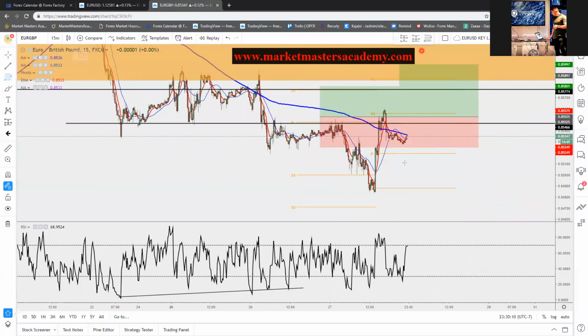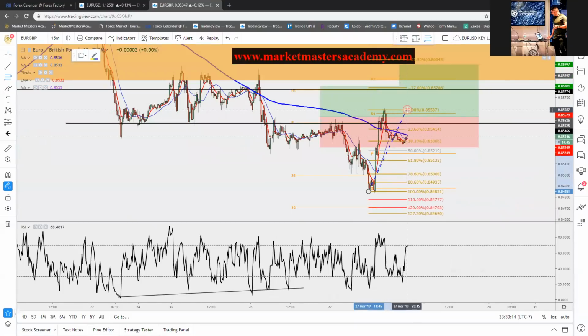Let me do my fibs off of this one. But low, high, it's hitting off like the 38.2. So as long as it goes above this blue and just continues to ride up, then we should be fine. It just kind of did its retracement.